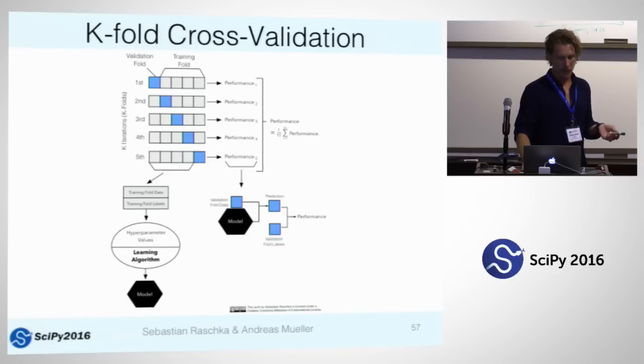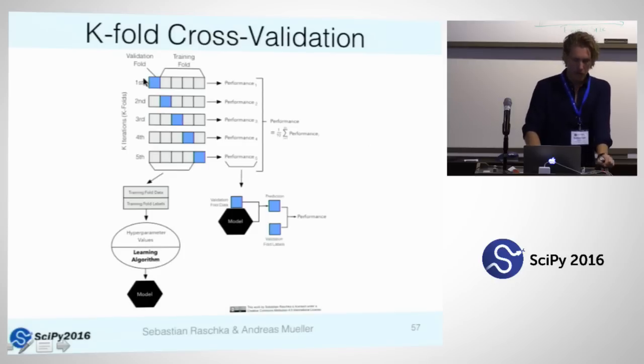In k-fold cross-validation, this is just an overview. Imagine one row represents our training data set. When we do, let's say, 5-fold cross-validation, we have 5 iterations. And in each iteration, we split the data set into 5 chunks.